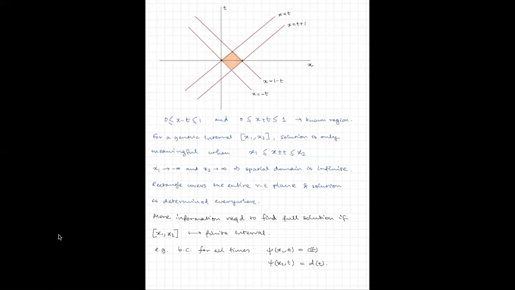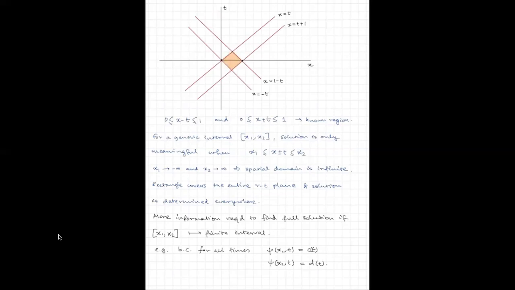Okay. So if you have a generic point x1, x2, the solution is only going to be meaningful when x plus or minus t lies between x1 and x2.